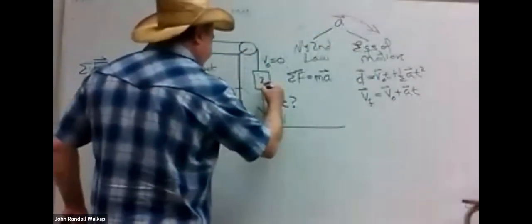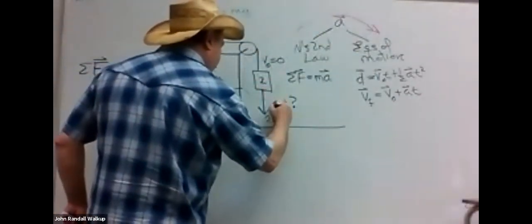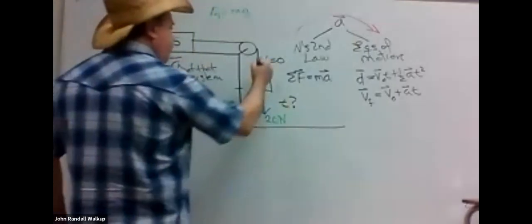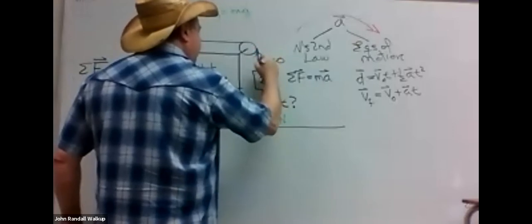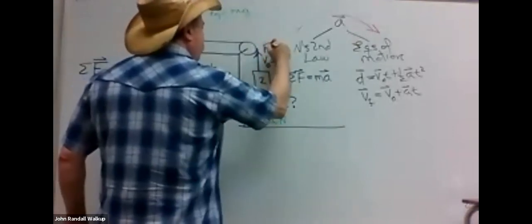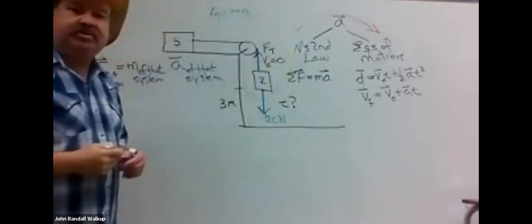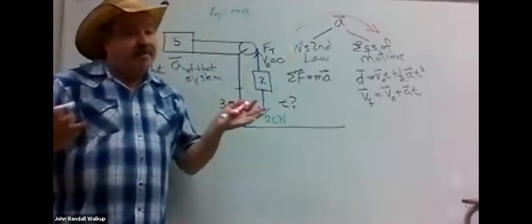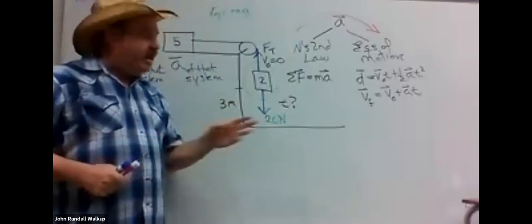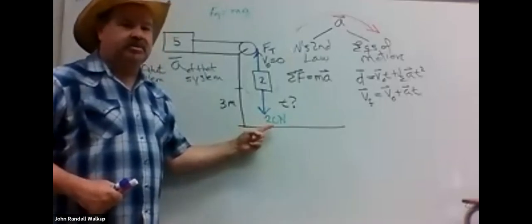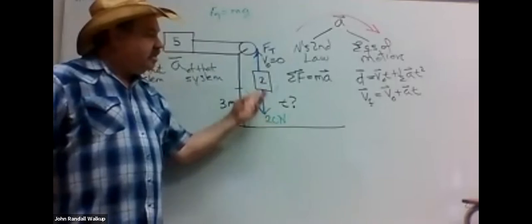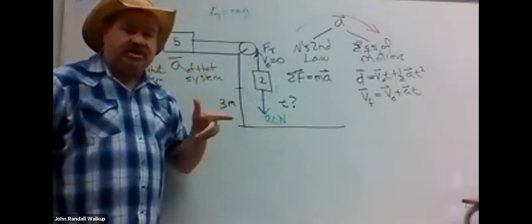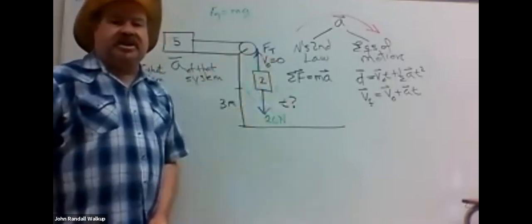Okay, so we have this force of gravity. We also have the string pulling up. And we'll call this a tension force. That's what strings apply. We don't know how big it is. It is not 20 newtons. Do not assume the value of the tension force. It comes out of Newton's second law.